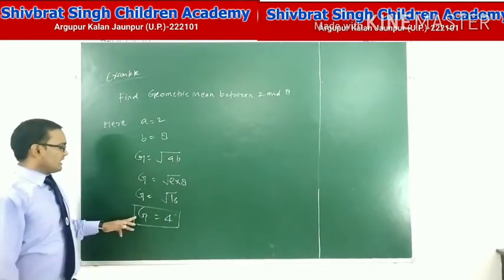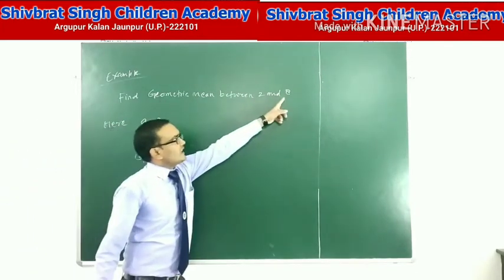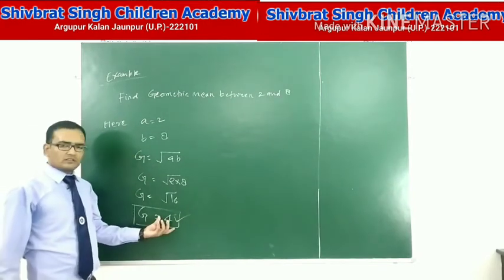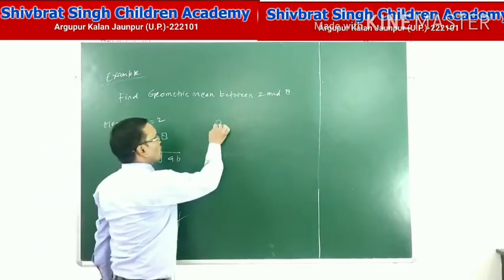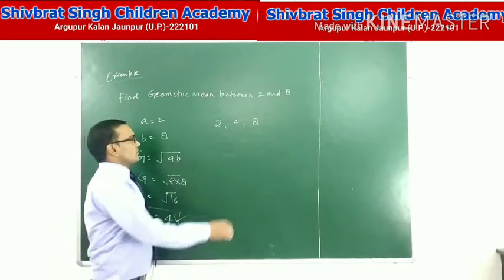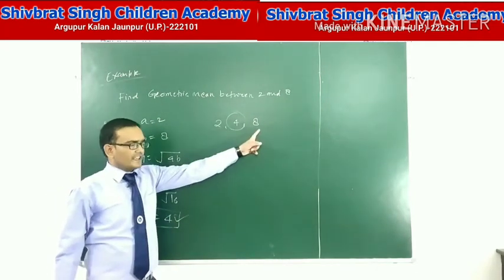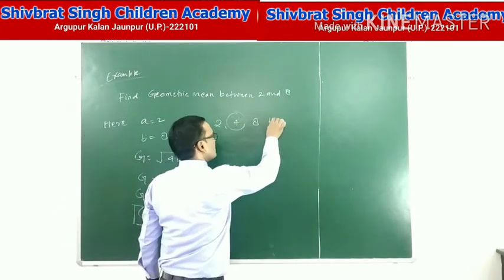We find the geometric mean between 2 and 8 is 4. But what is the definition of the geometric mean? 2, 4, 8. 4 is the number between 2 and 8 to make 2, 4, 8 a GP.